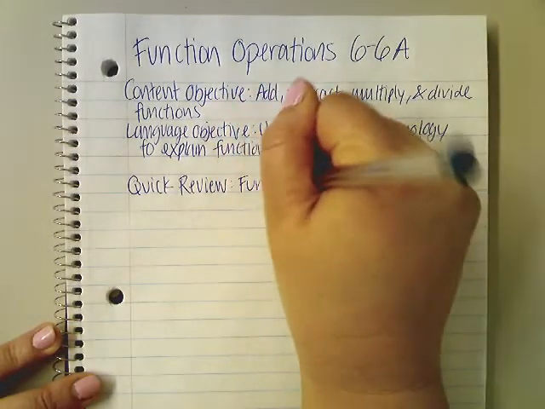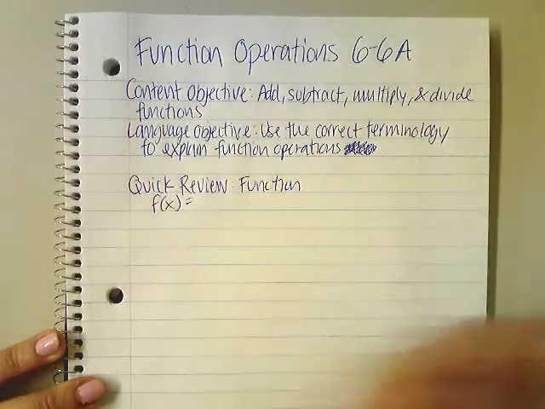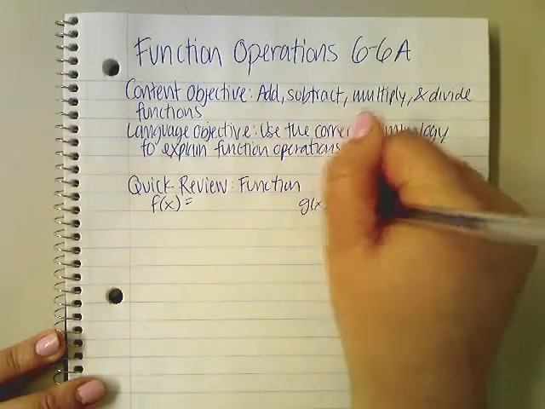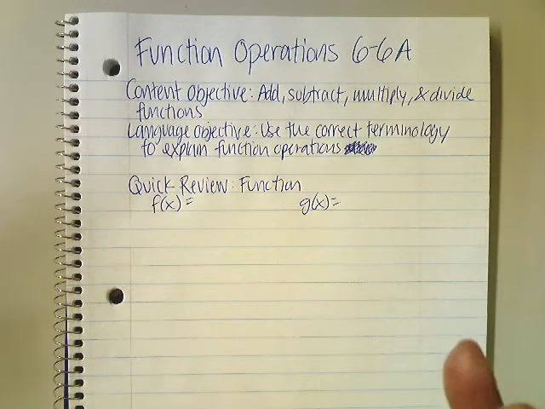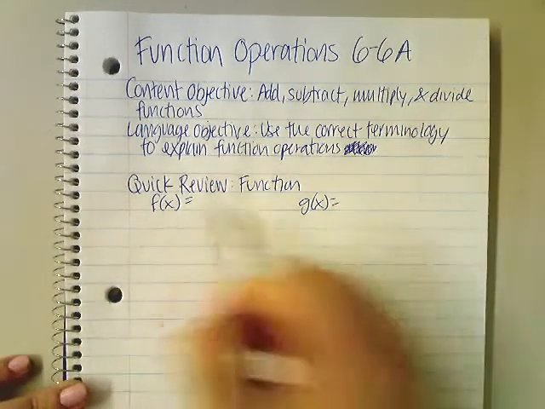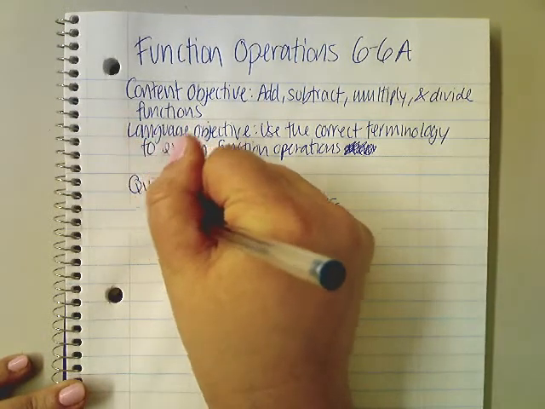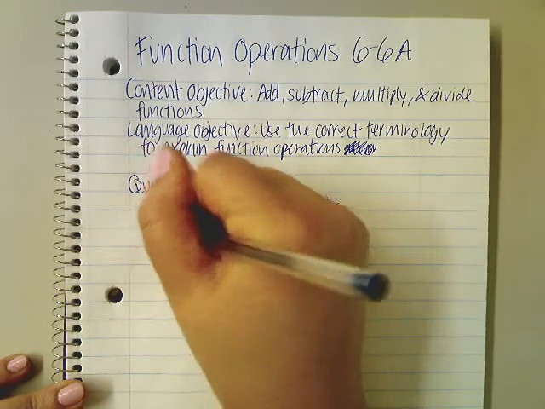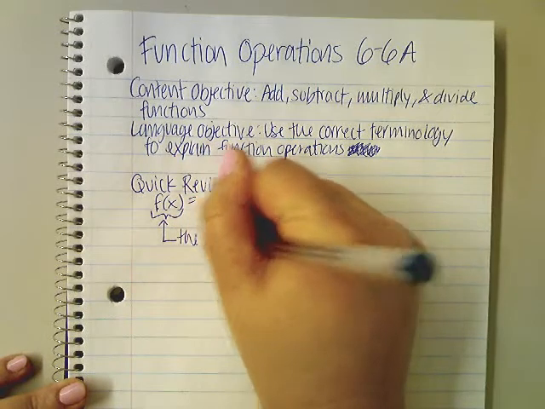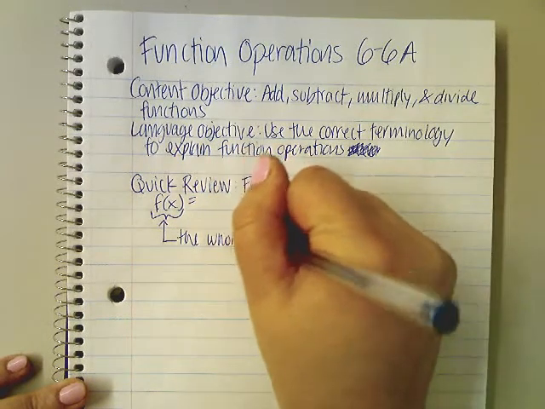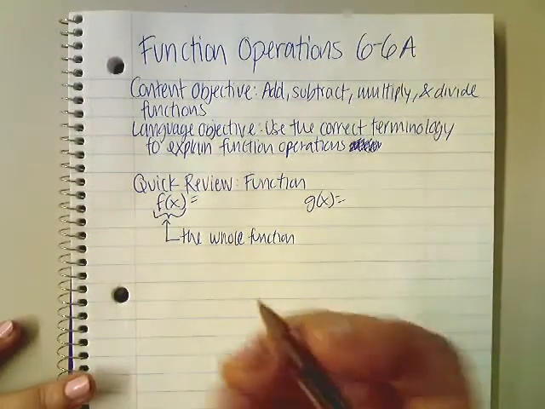So function notation, as a reminder, is when we write f of x equals some function, or g of x equals some function, or you could use h of x or any letter, whatever you want to use. But it's when you write this, which implies the whole function. So if I have f of x with nothing plugged in for x, it implies the whole function.